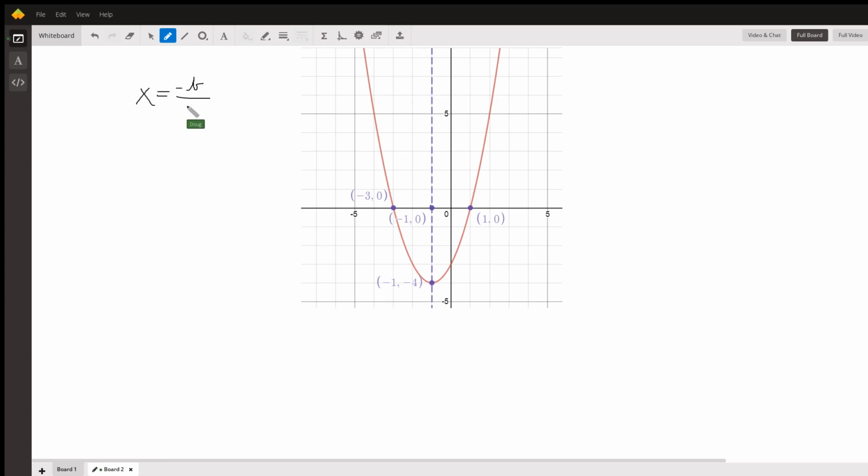So that actually is the left-hand term of the separated quadratic formula. And that will give us -1 in this case, because the opposite of b, which was 2, is -2, and a was 1. So there's the axis of symmetry, x equals -1, which is, again, the left-hand term of the separated quadratic formula.